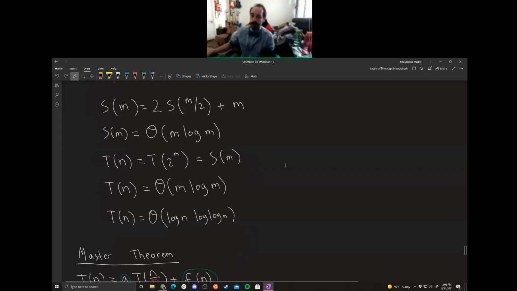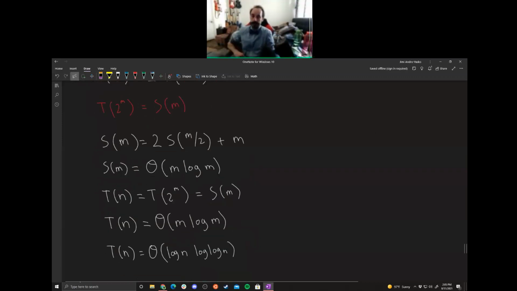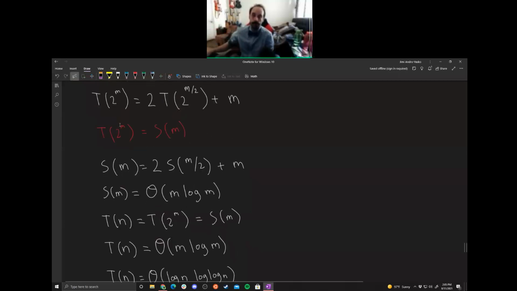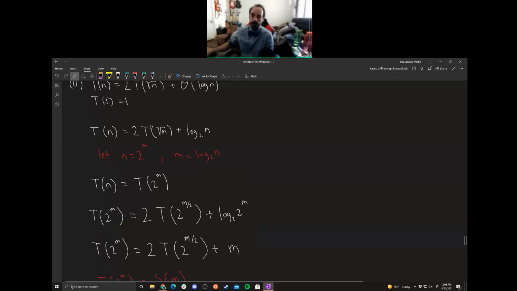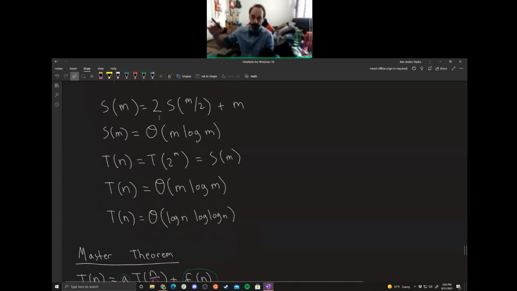Right here, when you have S of m, in this situation you can apply Master Theorem, because that is actually in the form of Master Theorem. So you have to get the problem into a form where you can use Master Theorem. You can't do it right on this formula, but you can if you break it down far enough.